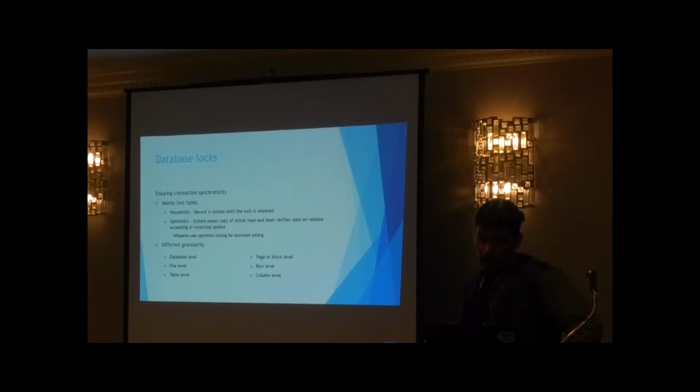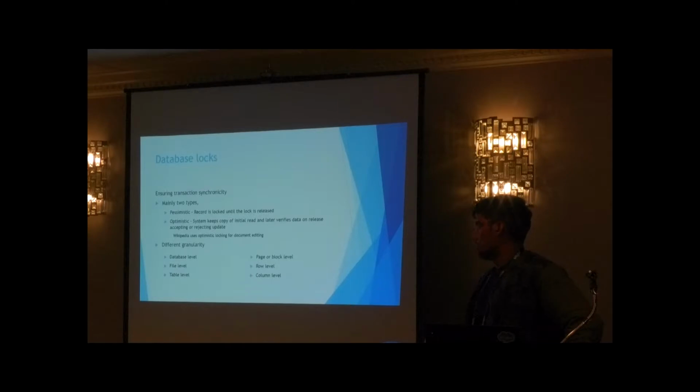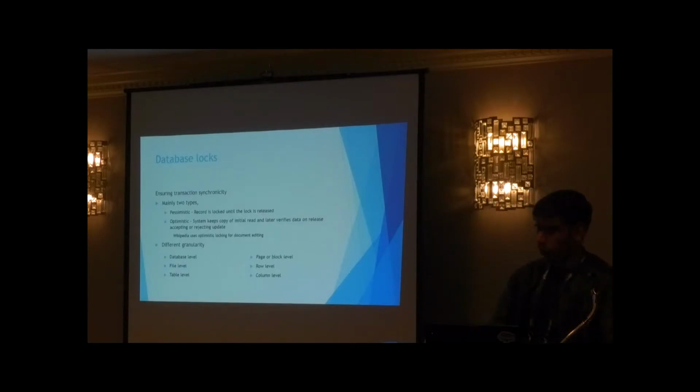Database locks can be of two types broadly: pessimistic or optimistic, where pessimistic is when a record is locked until a node is done with what it is trying to do, while optimistic is where a system keeps a copy for each of the nodes and verifies later when it releases the lock.